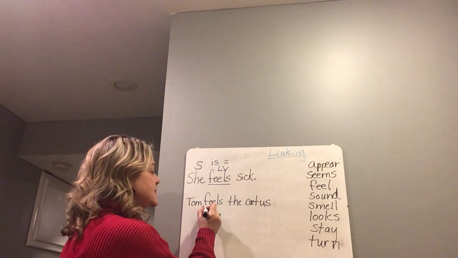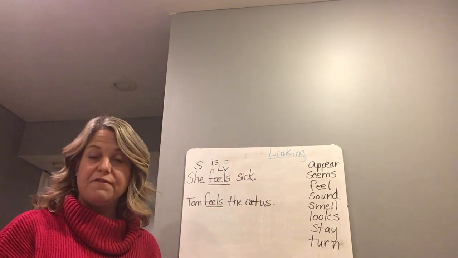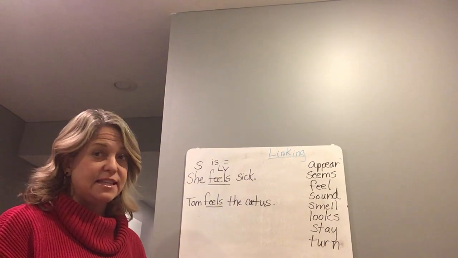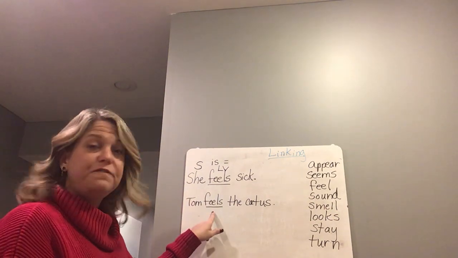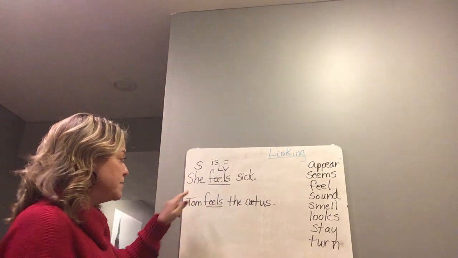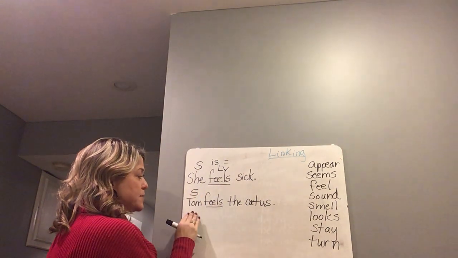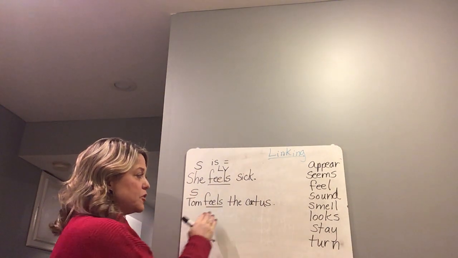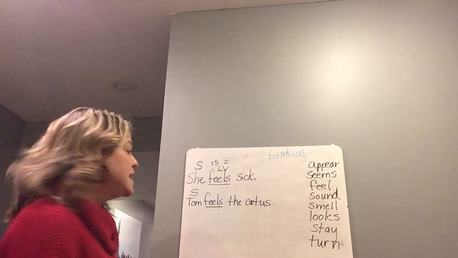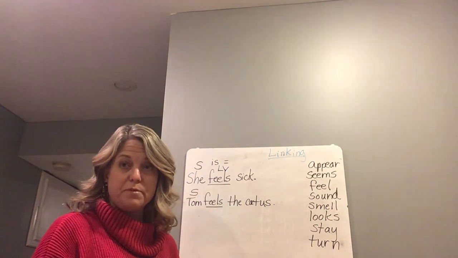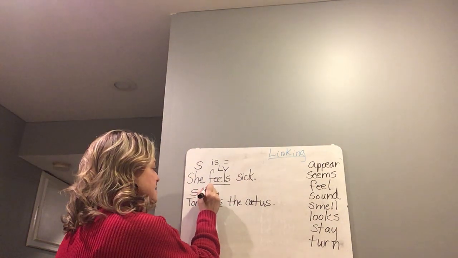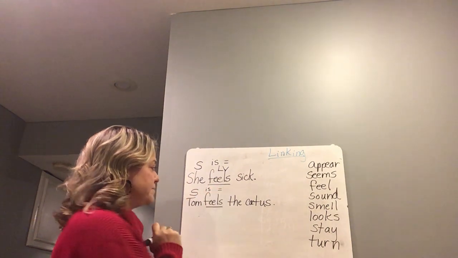The verb is feels. We find the subject by asking who or what feels. Tom. Tom feels. So Tom is the subject, feels is the verb. Now we have to run the test. Can you replace the verb feels with is or an equal sign?